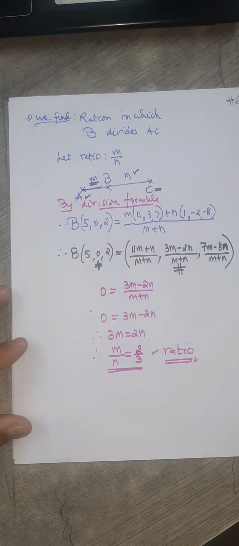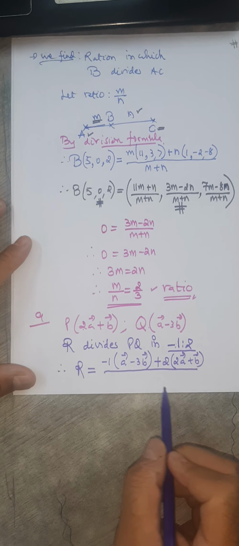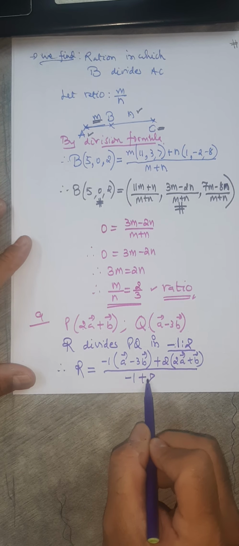Why did I write -1:2? Because you are given the word externally, remember. So the position vector of R equals -1 into Q, that's the position vector of this, plus 2 into the position vector of this, that is 2 vector A plus vector B, upon what will we get? -1 plus 2.